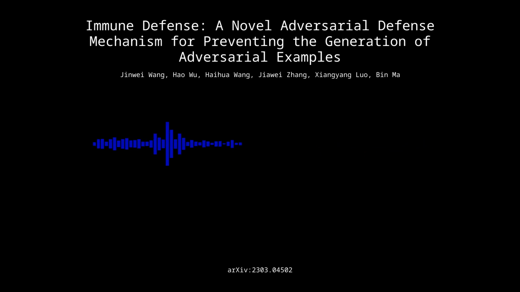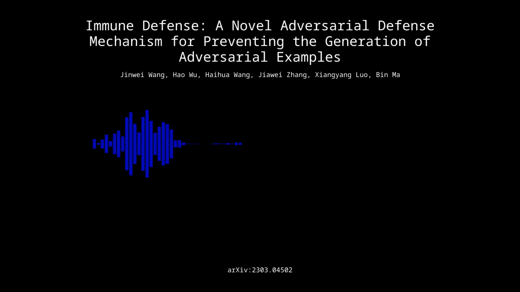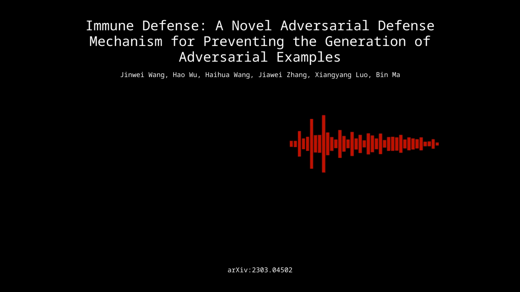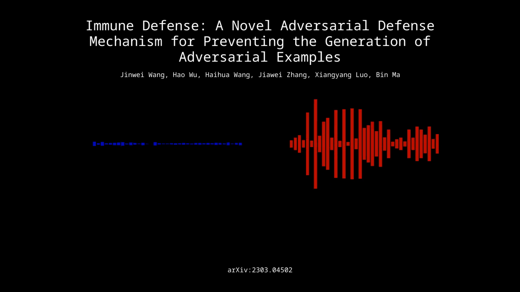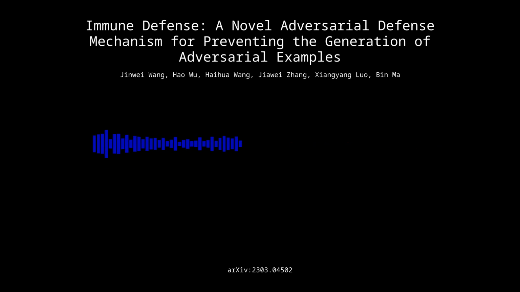Exactly. Now, the paper goes on to really delve into two main approaches for achieving this: white box and black box defense. Let's start with the white box scenario, where we assume the defender has full knowledge of the attack. Okay, so in this case, we know the attacker's playbook. Yeah. How do we craft those IPs to counter their specific moves? Well, the paper outlines two methods for this.